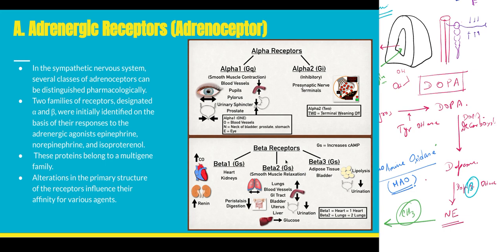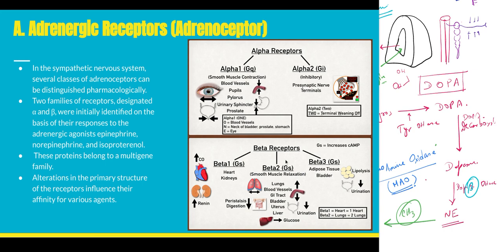So alpha 2, do you think they can ever be stimulatory in nature? Inhibitory only. So this is always inhibitory. But the rest, alpha 1 and beta, can be stimulatory.